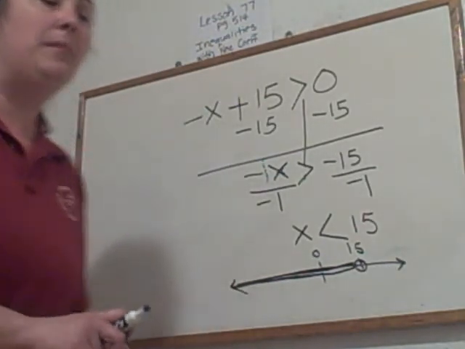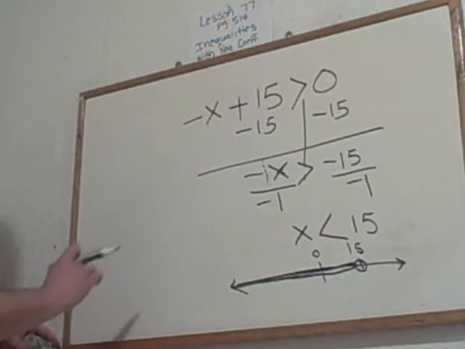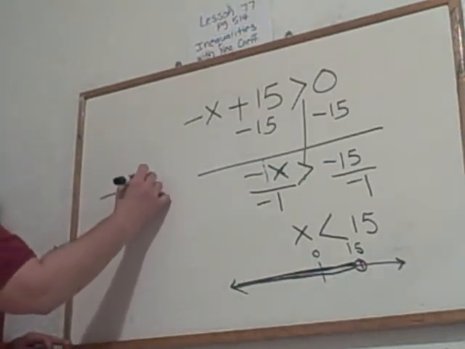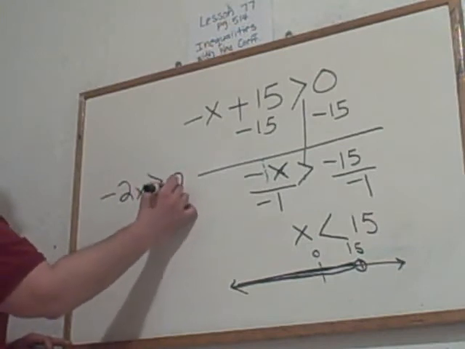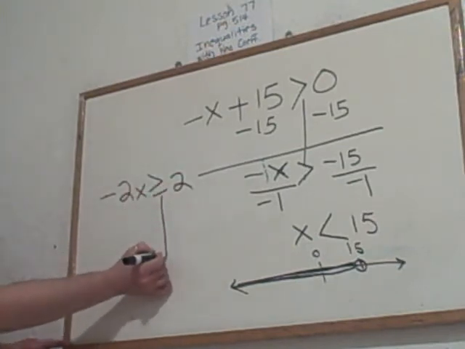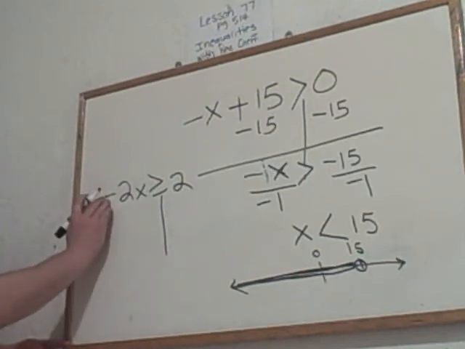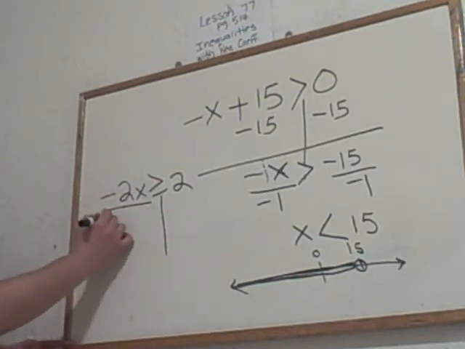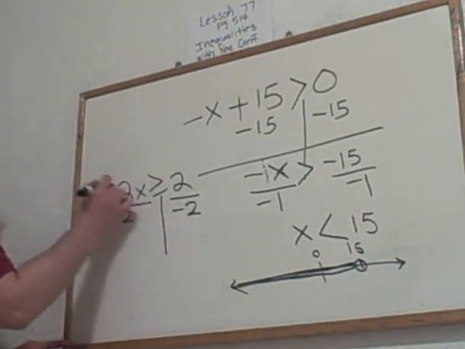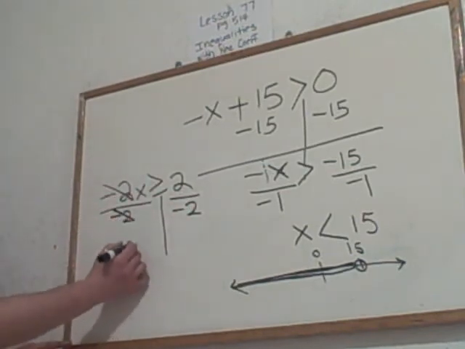Looking next at problem 8, 8 presents us with negative 2x is greater than or equal to 2. Solving this, I would split it at the inequality symbol. I would move the negative 2 by dividing this side by negative 2 and dividing this side by negative 2. And the negative 2 on this side cancels.